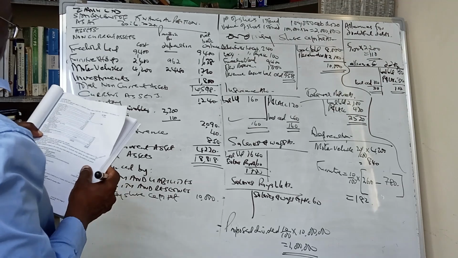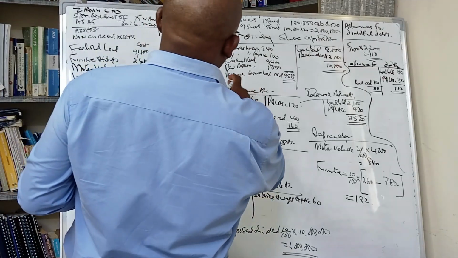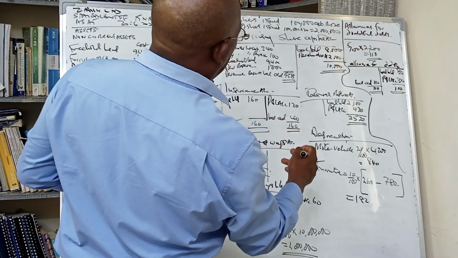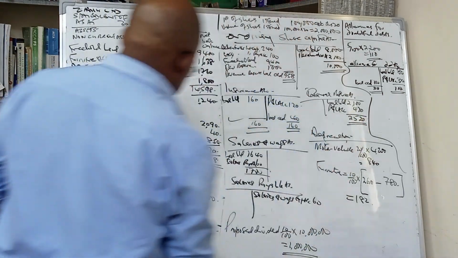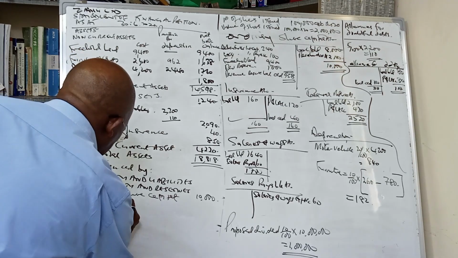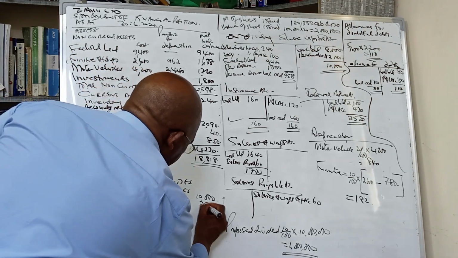Now, from ordinary share capital, we have general reserve. We have said that our general reserve is closing at 2520.